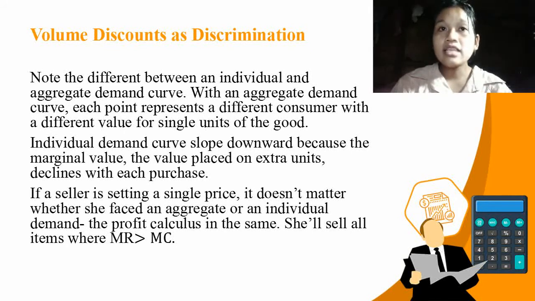If a seller is setting a single price, it doesn't matter whether she bases it on aggregate or individual demand; the profit calculus is the same. She should sell all items where MR is greater than MC. If we assume, as before, that marginal cost is $1.50, the profit-maximizing price is $5.